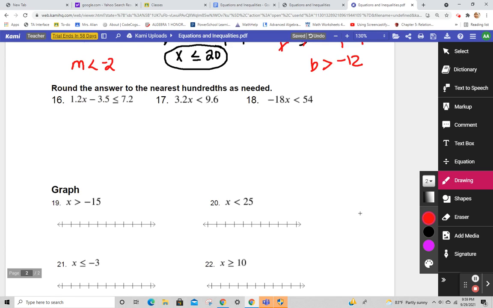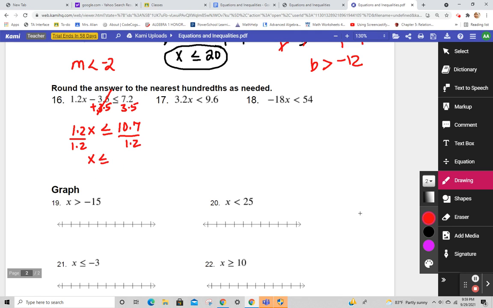All right, so we're going to use our calculator here just a little bit. We're going to have to start by adding 3.5 to both sides. So we'll have 1.2x is less than or equal to, that's going to be 10.7. We'll divide both sides by 1.2.